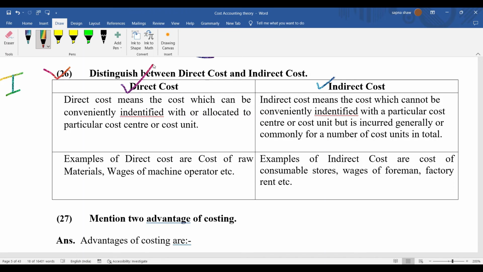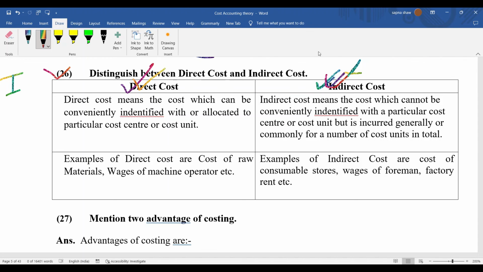For example, on the cookies we can see these are the dry fruits, we can easily identify it. But the amount we have given to the foreman for directing, will you be able to identify that?